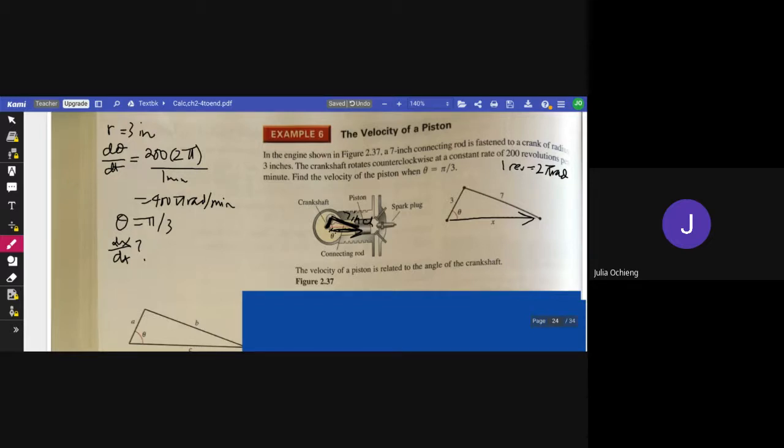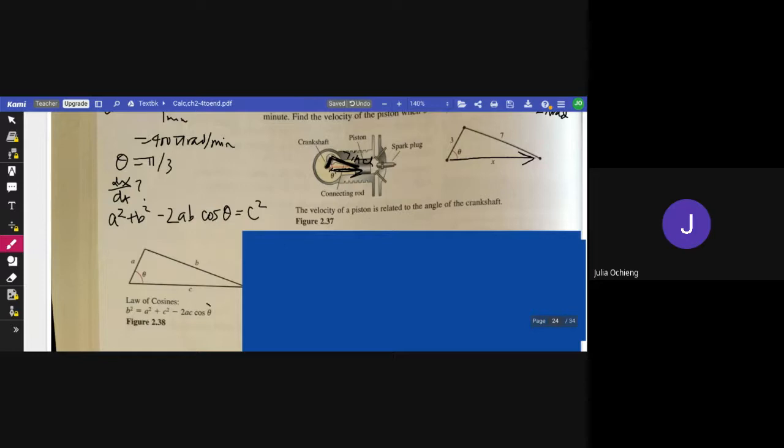So that would be the law of cosines. So that would be a squared plus b squared minus 2ab cosine theta equals c squared.